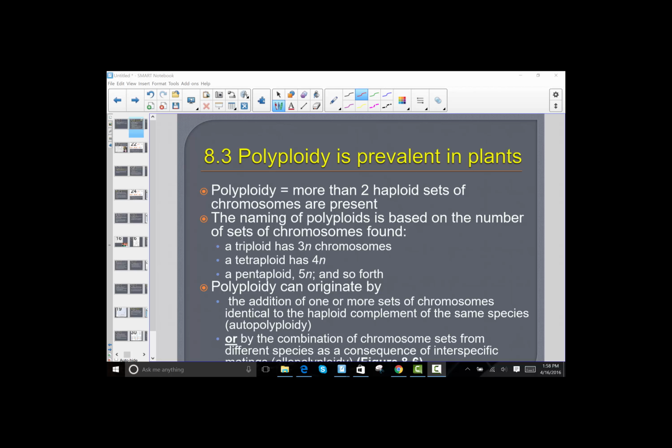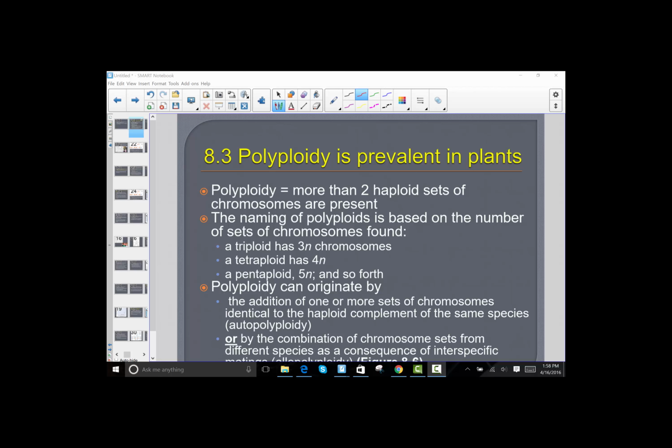The naming of a polyploid is then based on the number of sets of chromosomes that you have in there. So we talked about a triploid situation with Down syndrome, so that was a trisomy 21, so it was just 3 bodies. Now we're talking about sets of entire chromosomes. So a triploid individual, or a 3N individual, has 3 full sets of chromosomes. If 2N has 2 full sets of chromosomes, then 3N will have 3 sets.